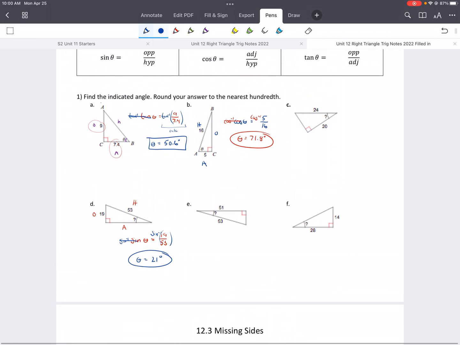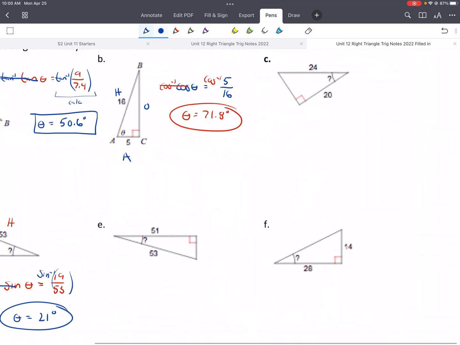So why don't you pause and give E and F a try? You can do C as well. And then that will be it for today. All right, hopefully you gave that a try. Here is our hypotenuse, opposite and adjacent. A and H uses cosine, that's our CAH. So cosine of theta equals adjacent over hypotenuse, and then we use the inverse.